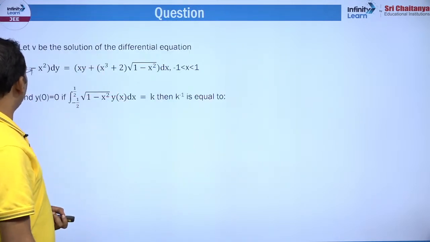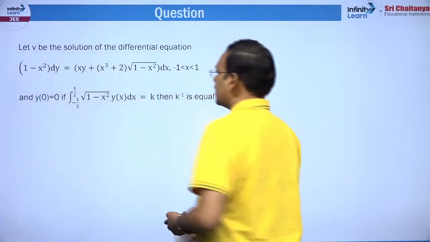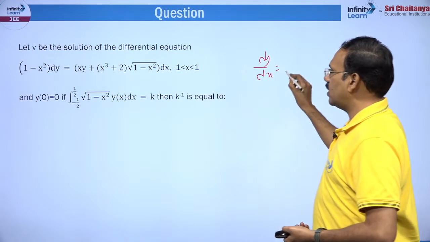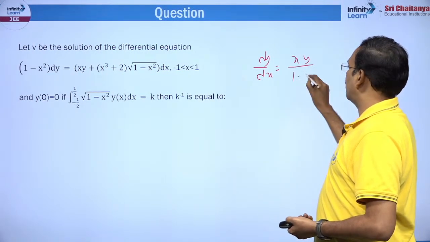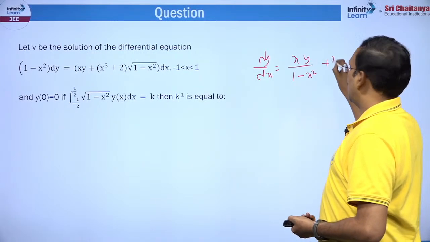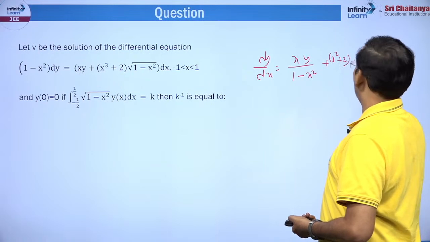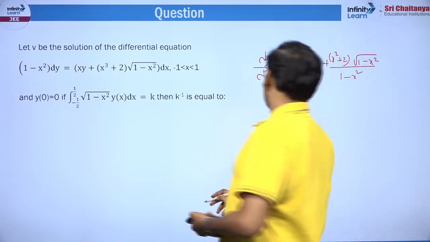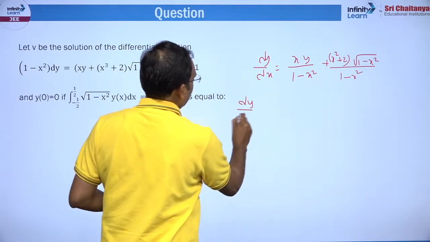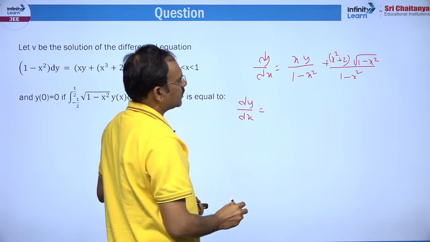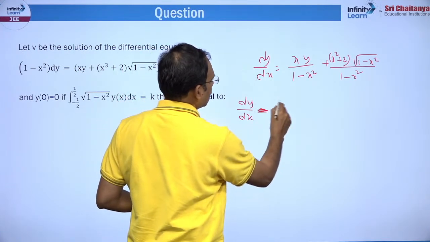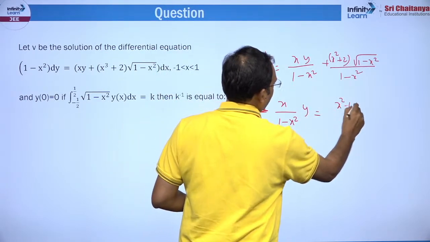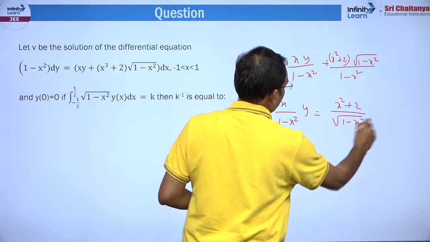The next, it is another differential equation like an LDE itself, you can solve it. You see, dy/dx = xy/(1 - x²) + (x² + 2)/√(1 - x²), right. So, I say dy/dx - (x/(1 - x²))y = (x² + 2)/√(1 - x²).